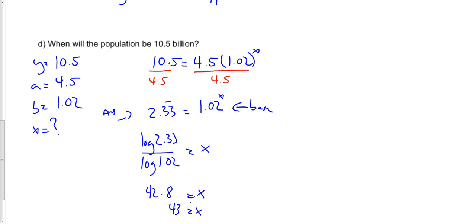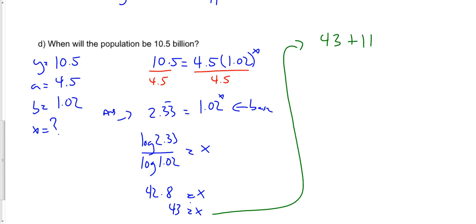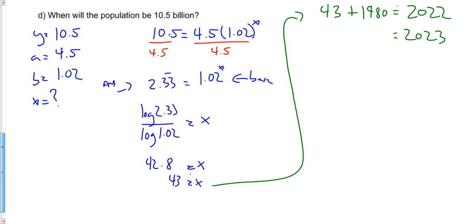So if I want to finish this question, what I need to do is 43 years plus my initial 1980 time frame, because all of our calculations are based on 1980. So in the year then 2022, approximately 2022 or 2023, depending on how you've rounded it, the population would be approximately 10.5 billion people.